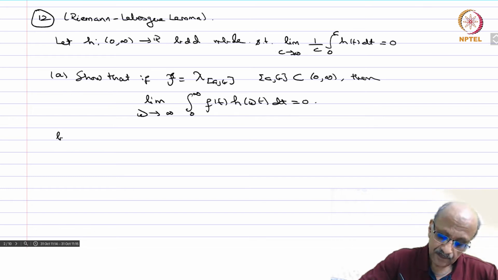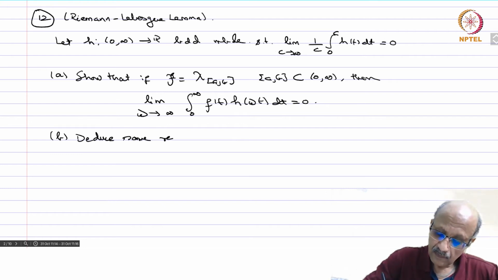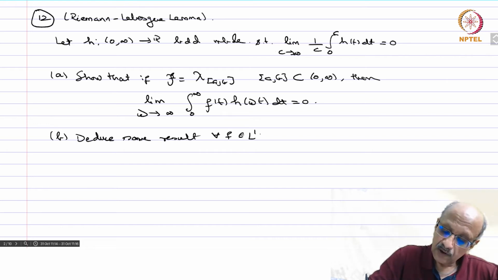And (b): deduce the same result for all f in L1(0, infinity).